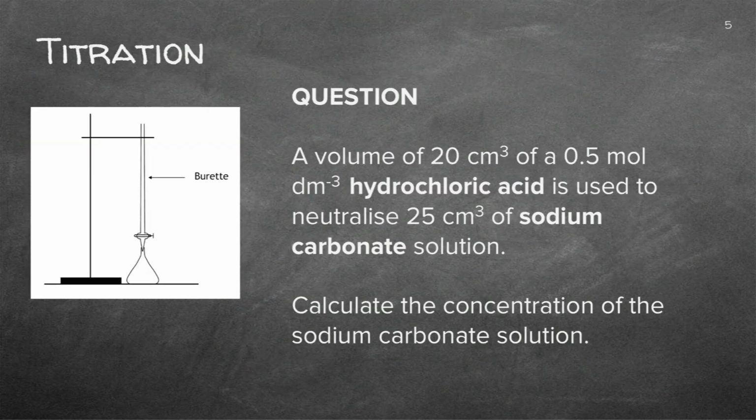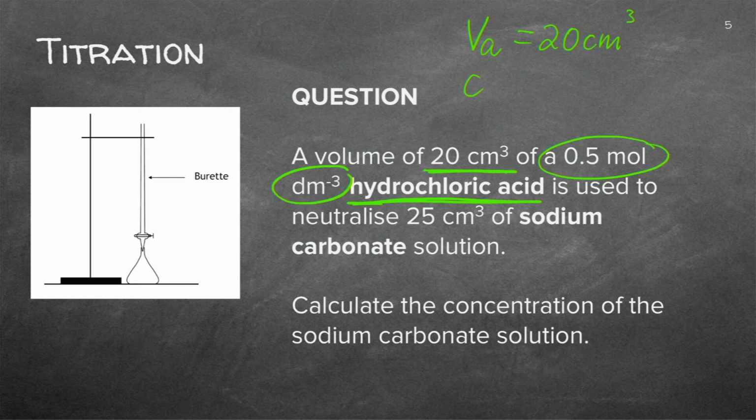Let's get to a typical question. The volume of a 20 cubic centimeter hydrochloric acid is provided to you. So I've got the volume of the acid as 20 cubic centimeters. The concentration of this specific hydrochloric acid is 0.5.